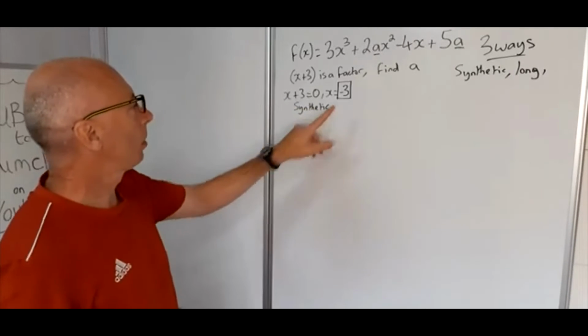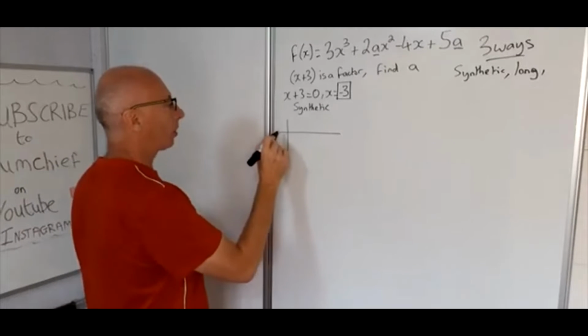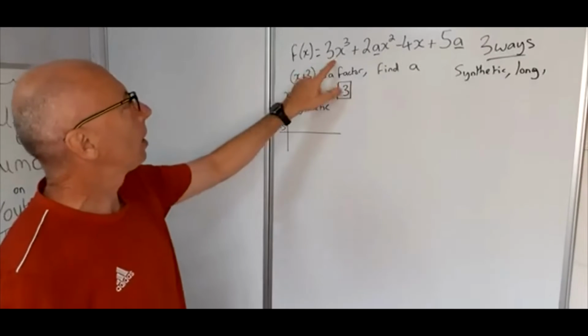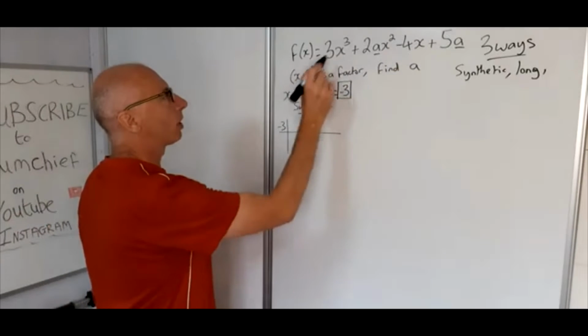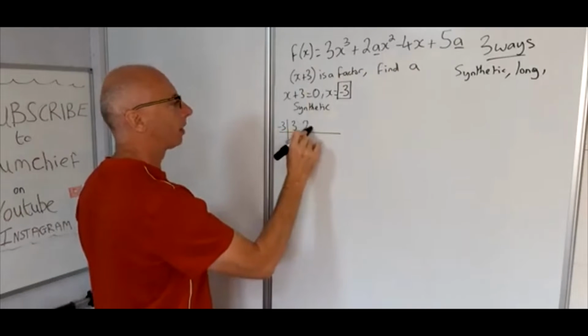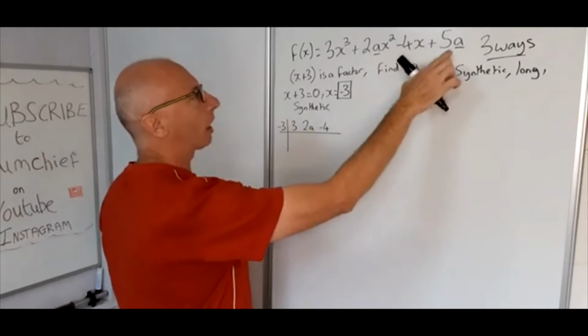Okay, so what we do now, set up a little table and we put in the minus 3 here, and then we write in all the factors of all the terms. So we've got a 3, got 2a, we've got a minus 4, and we've got a 5a.